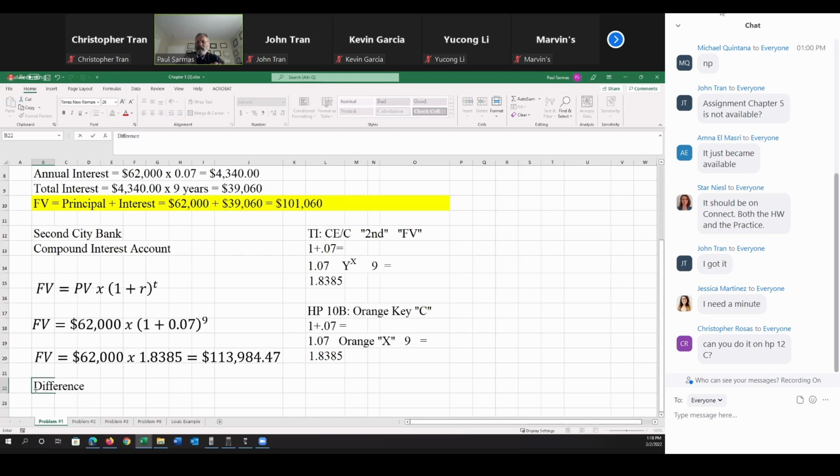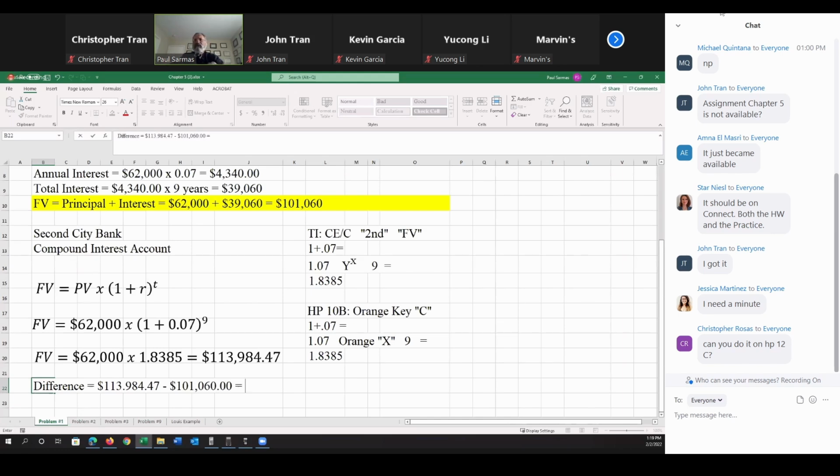The difference is equal to 113,984.47 minus 101,060.